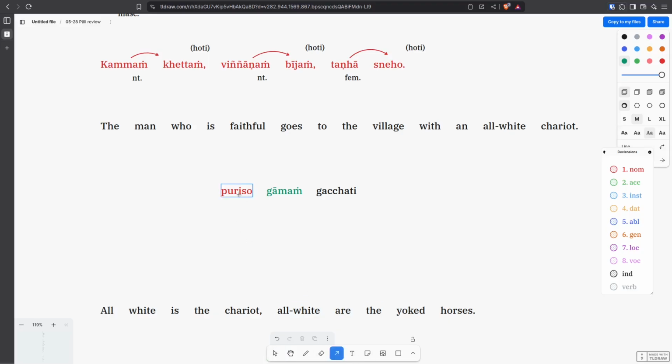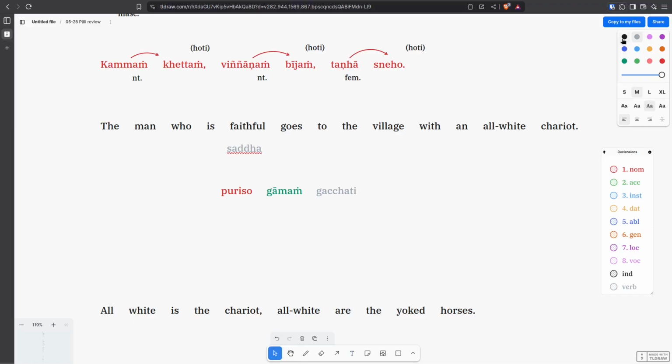The man goes to the village. So far, so good. So the man is faithful. So how do we add that he is faithful? Do you remember faith in Pāli? Saddhā. Yes, saddhā.